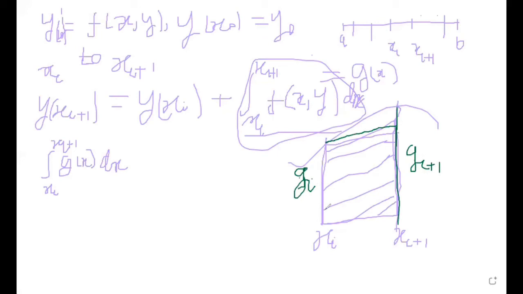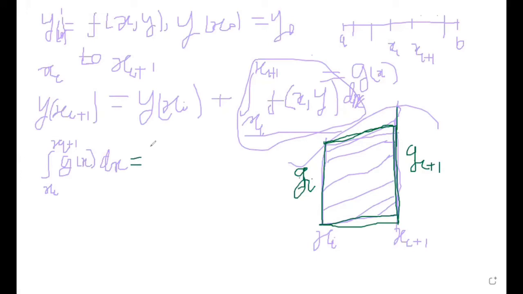So now tell me what will be the area of this geometry, from here to here? Tell me what will be the area. That is equal to height times this distance.